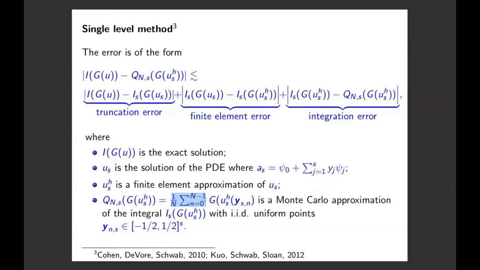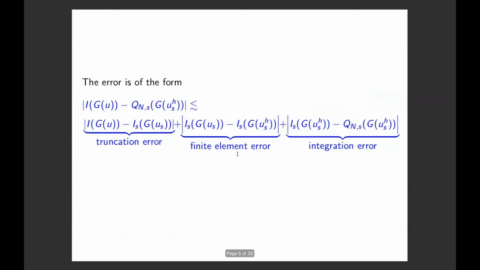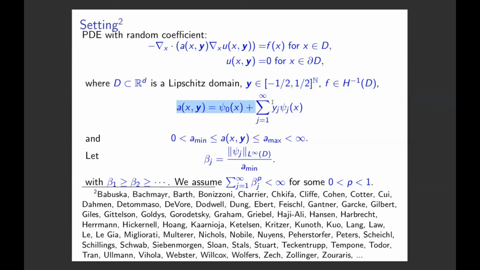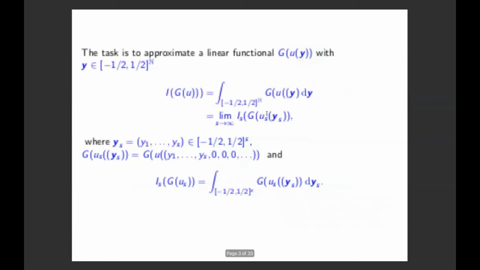So in the setting I'm discussing here, we just take the average over some sample values. The G is the linear functional, and in u_{h,s}, the h means we use a finite element approximation, and s means we truncate this infinite sum given here after s terms.